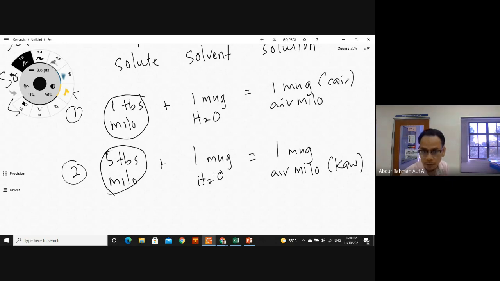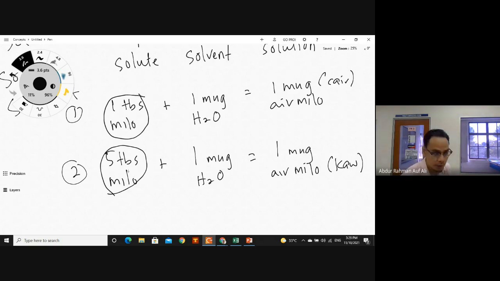The same amount of water, dia boleh dissolve 5 tablespoon of Milo, and then kita akan dapat air Milo yang kau, yang pekat. Okay, that is solubility, the ability of the solvent to dissolve solute, on how well the solute can dissolve in certain solvent.